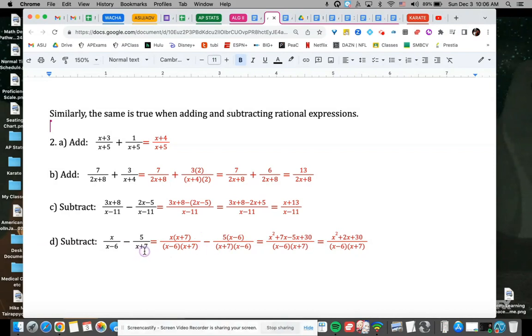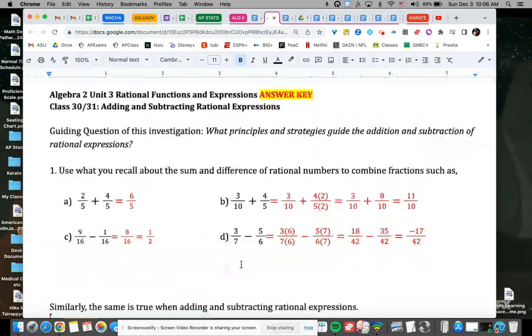And I'm going to have to multiply this x plus 7 times x minus 6 over x minus 6. I'm trying to make a common denominator. I know it looks really complicated, but if you go back to the easier ones, it's still the same process. I'm multiplying the right-hand one by whatever was on the left, and I'm multiplying the left-hand one by whatever was on the right.